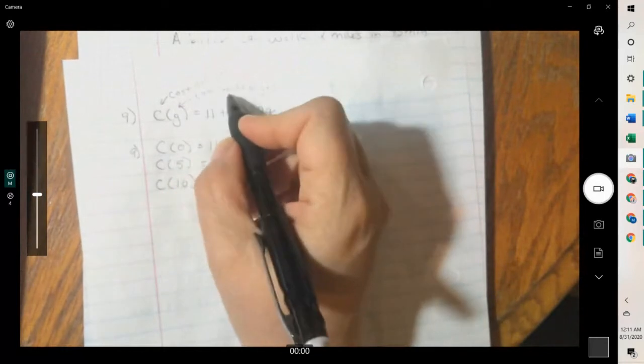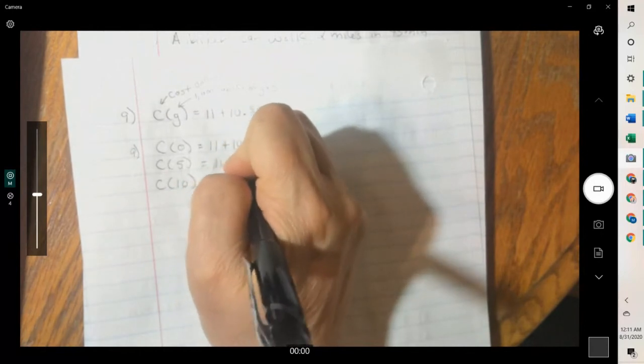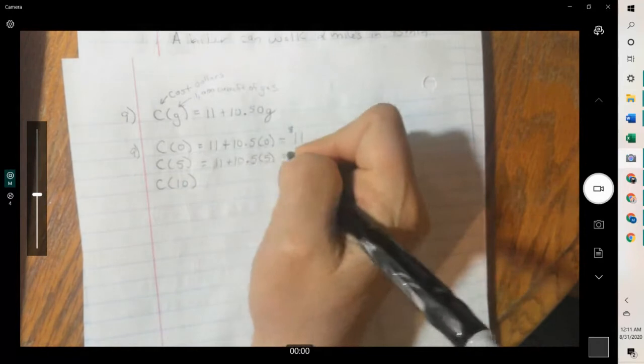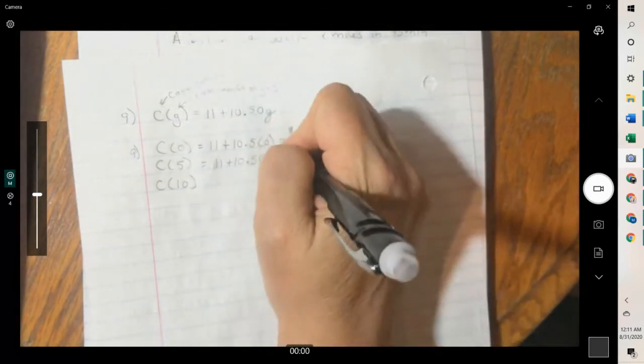The next one, we're using 5,000 cubic feet of gas, and it will tell us the cost for that. And if we calculate that, you get 63.5.